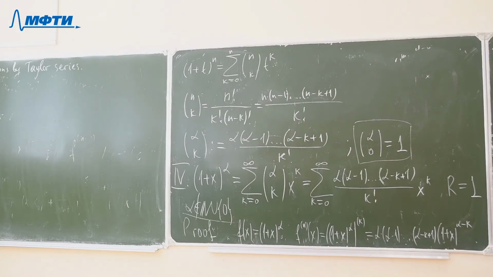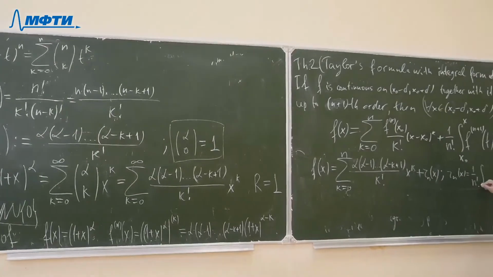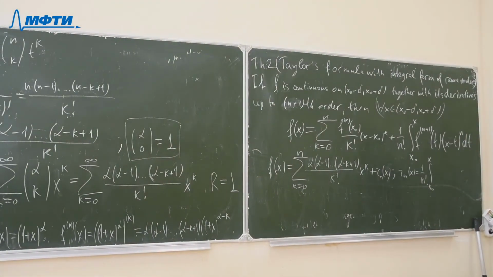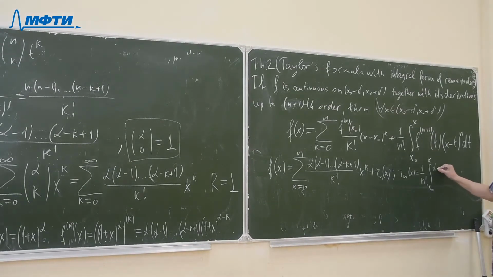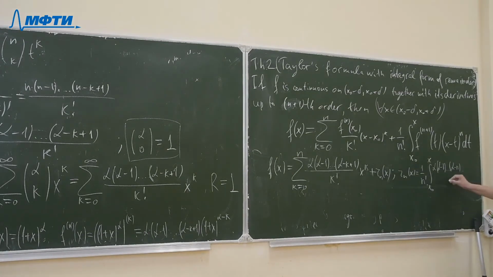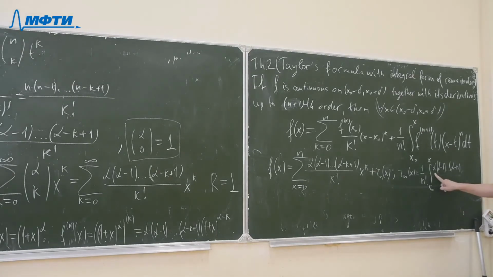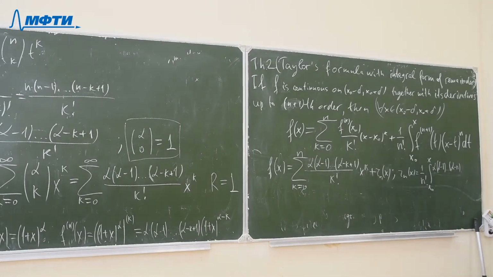Okay, I will write the remainder like that, where Rn of x equals 1 over n factorial, integral from x naught up to x, then I substitute the derivative for k equals n plus 1, so alpha minus n, then (1 plus t) to the power alpha minus n minus 1, right?